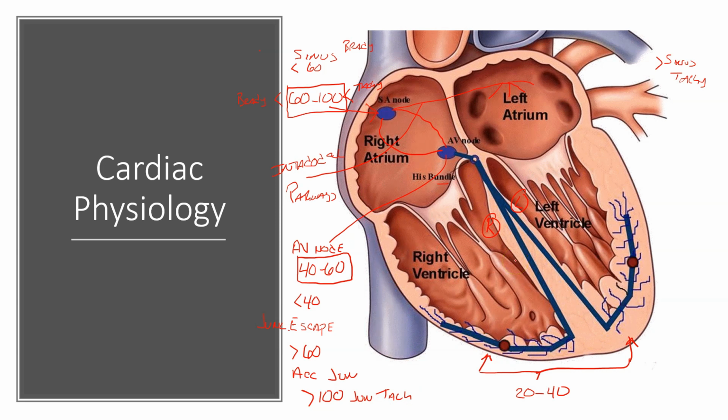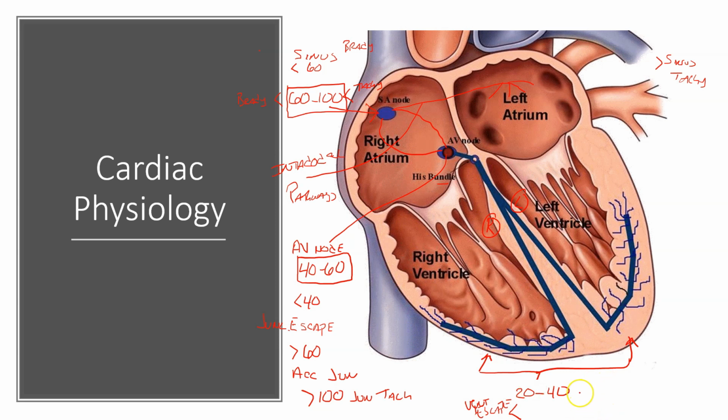The same thing holds true when you get to the ventricles, right? When we get to the ventricles, if it is less than 20, it means that it is an idioventricular escape rhythm, or a ventricular escape rhythm. So it's an escape if it's less than its normal rate.